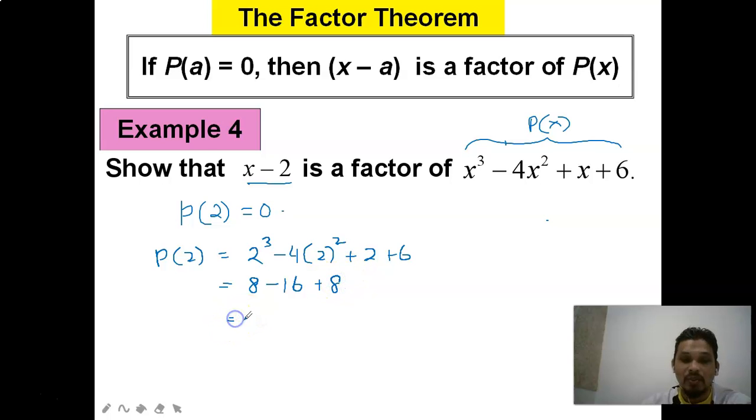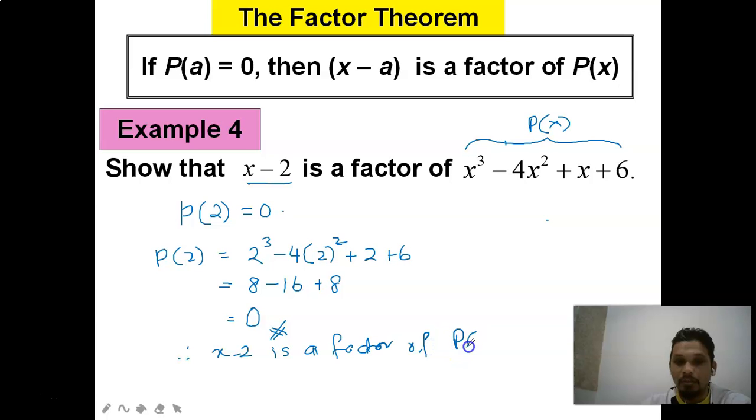So can you guess what answer we find? Yes. 8 plus 8 equal to 16 minus 16 equal to 0. So we can come up with the conclusion that x minus 2 is a factor of polynomial P(x).